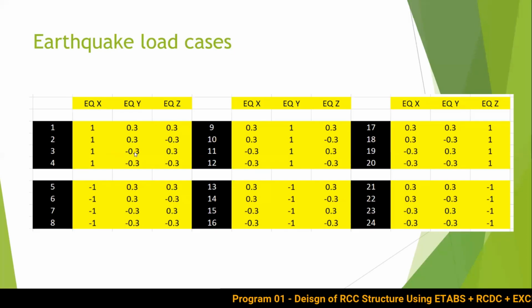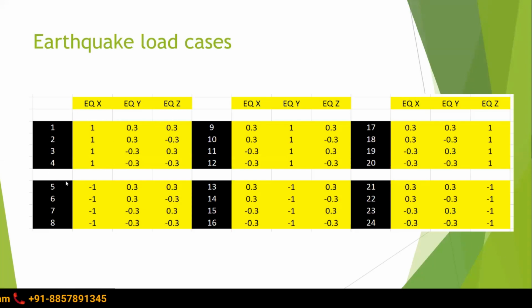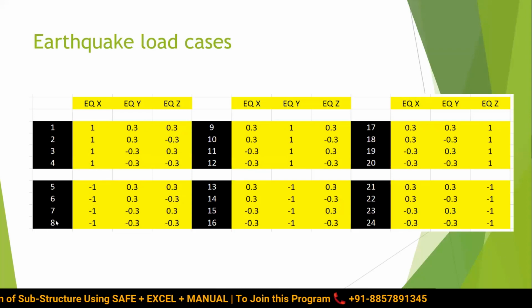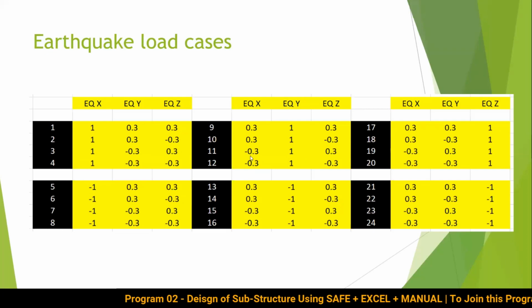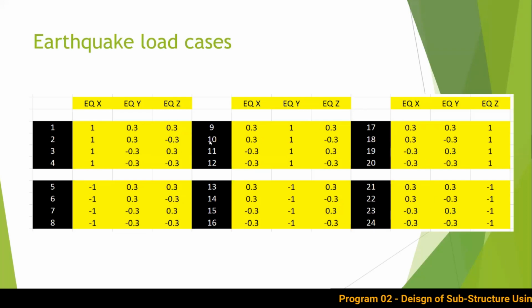Next is y minus 0.3, z plus 0.3, and both minus. So when we have plus 1 x, we have 4 combinations with y and z. If we have minus x, again we have 4 more cases, so 8 cases. The same is for y and z. So 8 cases in x, 8 cases in y, and 8 cases in z. In total we have these 24 cases.